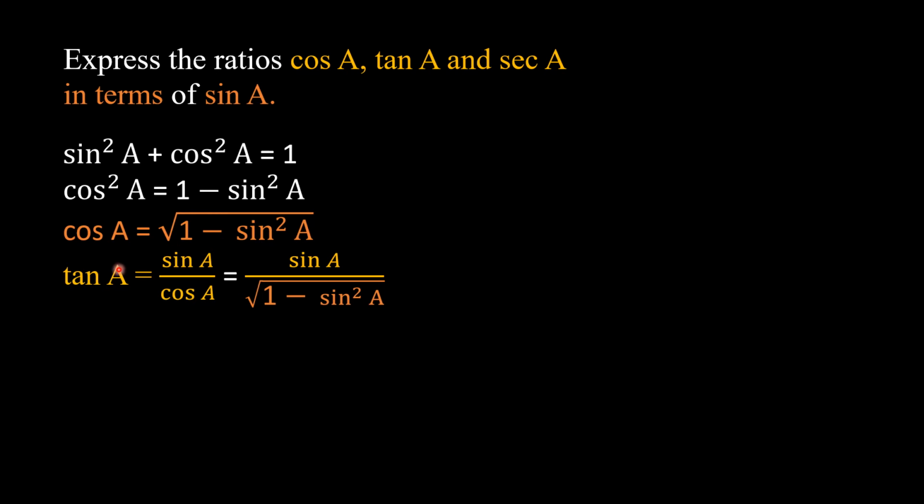So tan A in terms of sin A becomes tan A equals sin A divided by under root 1 minus sin square A. We know that sec A is reciprocal of cos A. So we can write sec A as 1 divided by under root 1 minus sin square A, which is this. So here we have expressed sec A in terms of sin A.